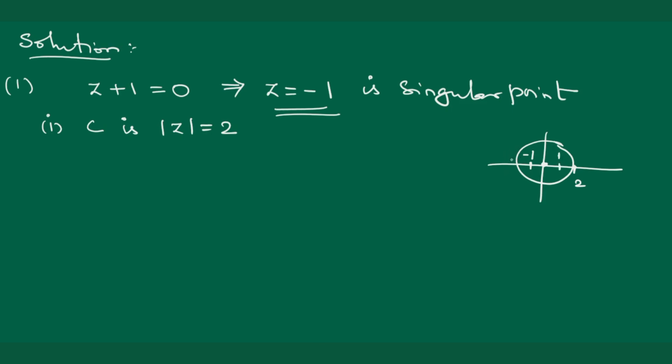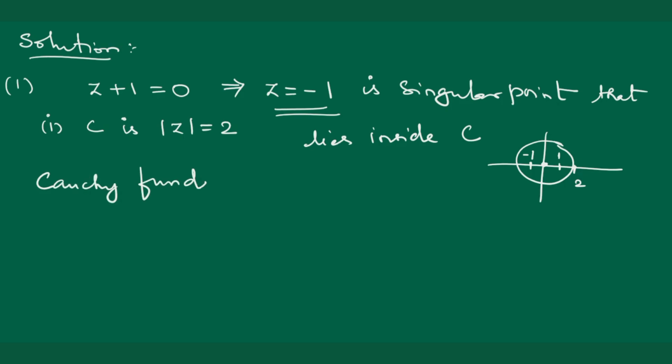So here z equal to minus 1 is the singular point that lies inside the given curve C. That is C is nothing but modulus of z equal to 2. Since it lies inside the closed curve C, we have to use the second theorem, that is Cauchy fundamental formula.